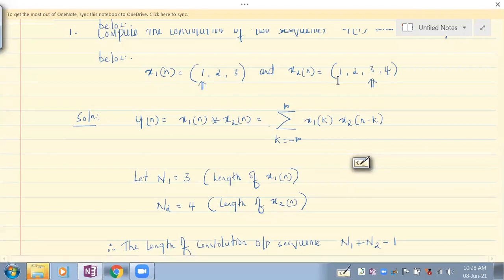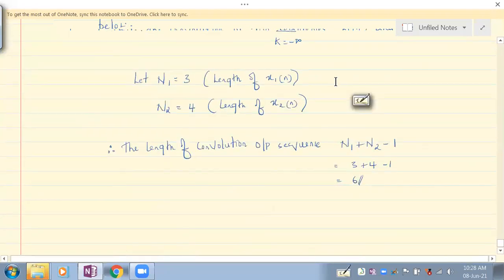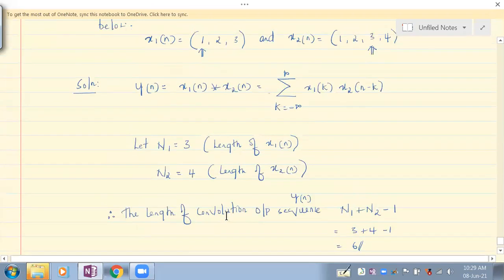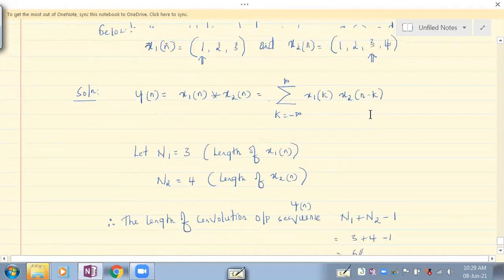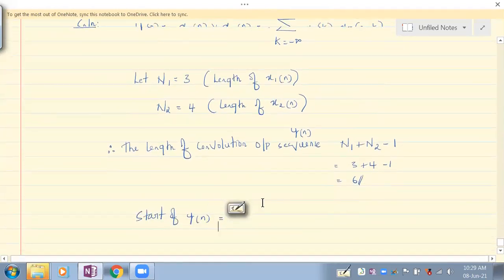So the start of y of n, the output sequence, would be what? The first signal is starting at 0 and the second signal is starting at minus 2. So where should y of n start?